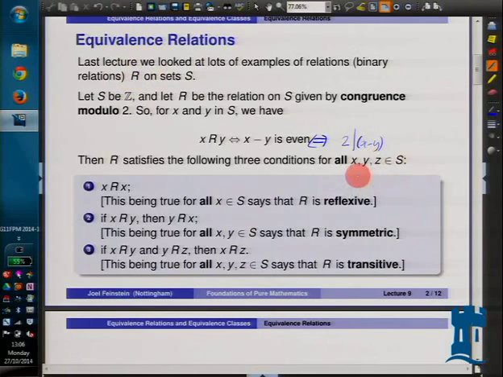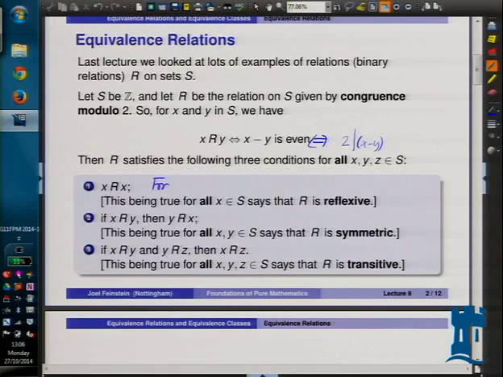And for all integers x, y, and z, perhaps you normally use m, n, k for integers, it doesn't matter. For all integers, x is related to x. The fact that that's true for all x is described by saying R is reflexive, which means something to do with yourself. So x is always related to x.